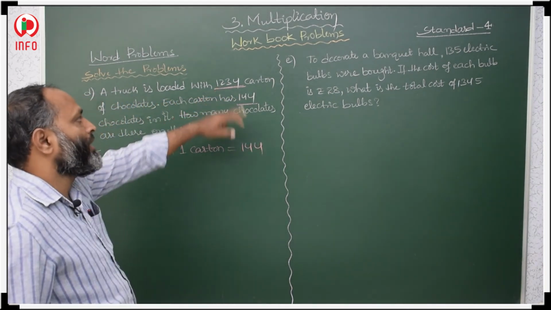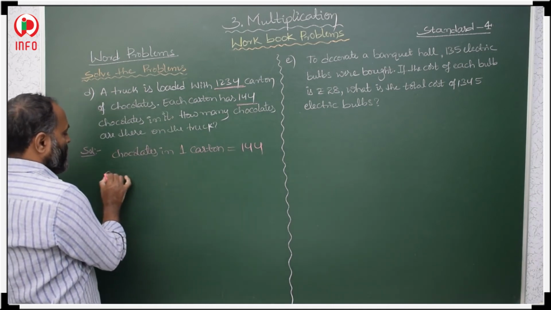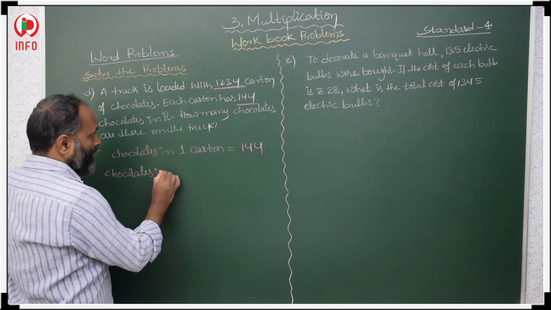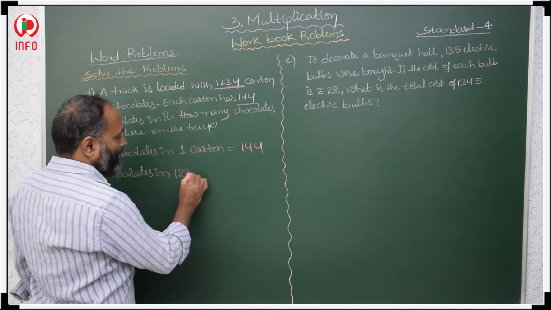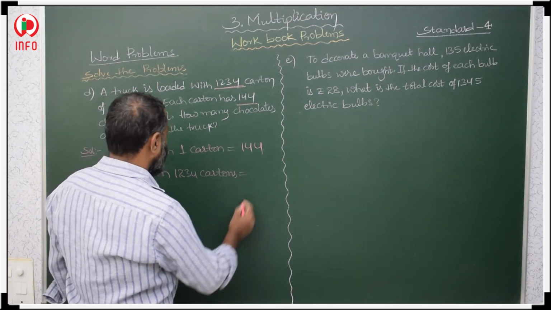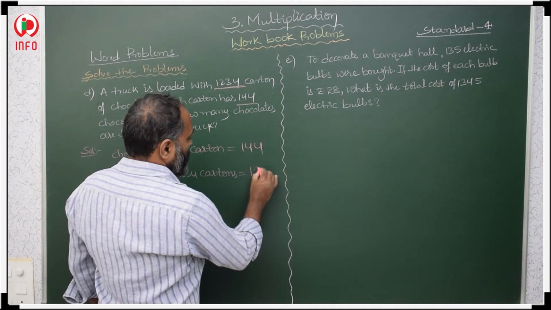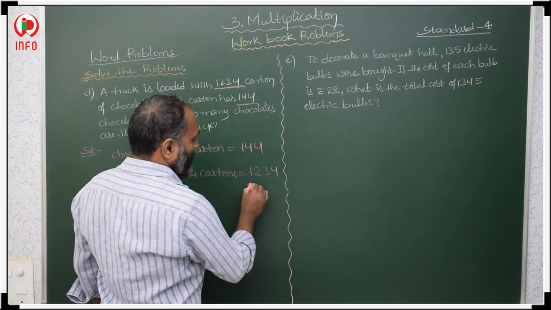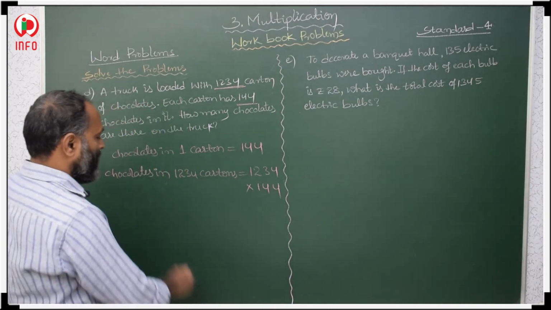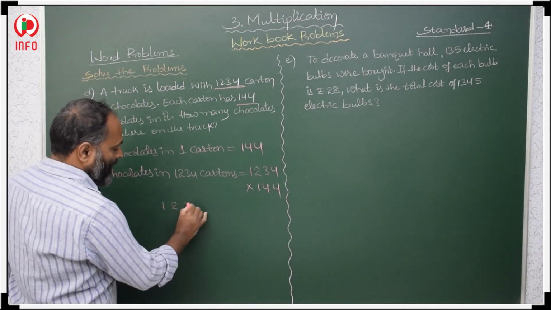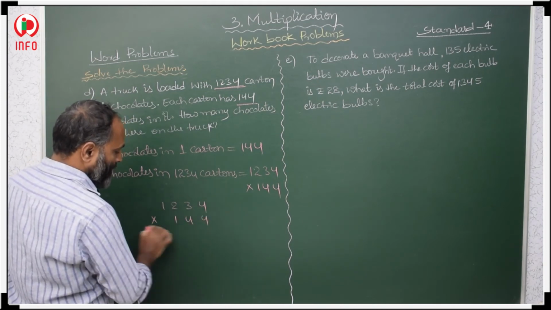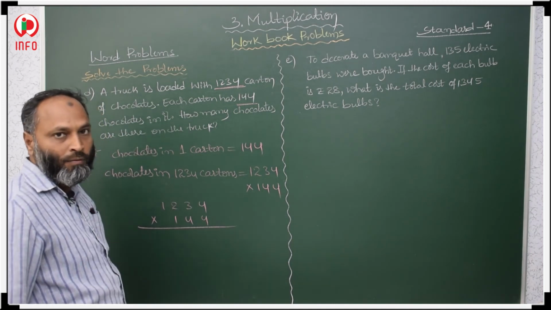Chocolates in 1234 cartons is equal to 1234 multiplied with 144. So now you have to multiply 1234 with 144. Then first with 4.